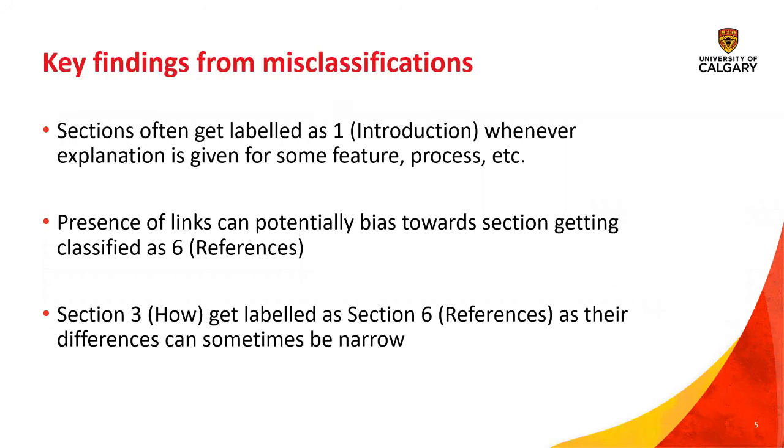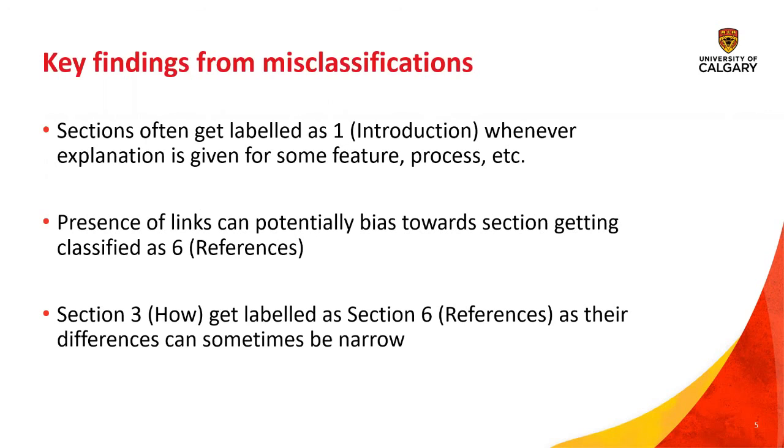Now, let's talk about some key findings. First, we find that sections often get labeled as 1, which means introduction or project background, whenever some explanation is given for some feature, process, etc. In the previous slide, we showed you one such example.